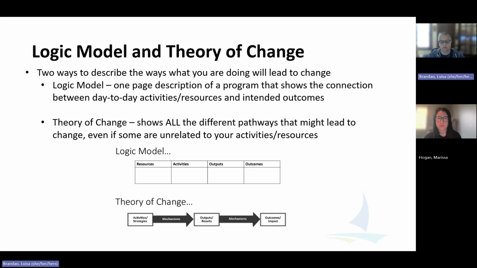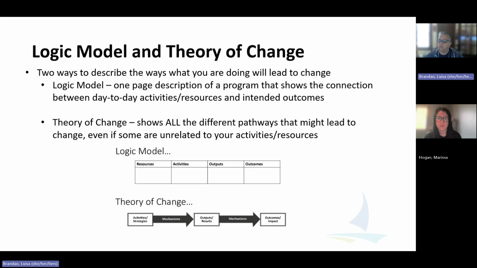You're going to say, I have these resources, I'm going to do these activities, which are going to lead to these things happening. So I'm going to have 5 meetings, they're going to have X number of people attend, and because they do that, this is going to happen.